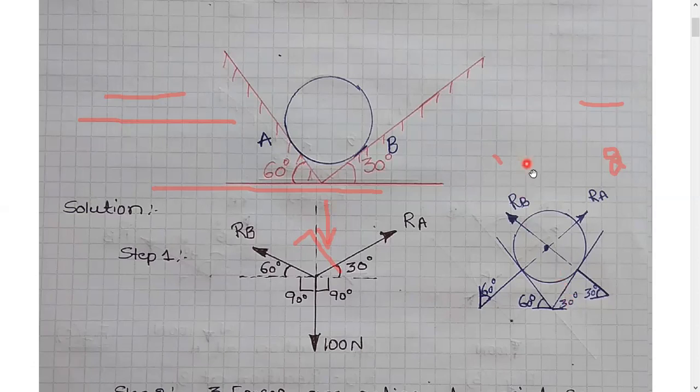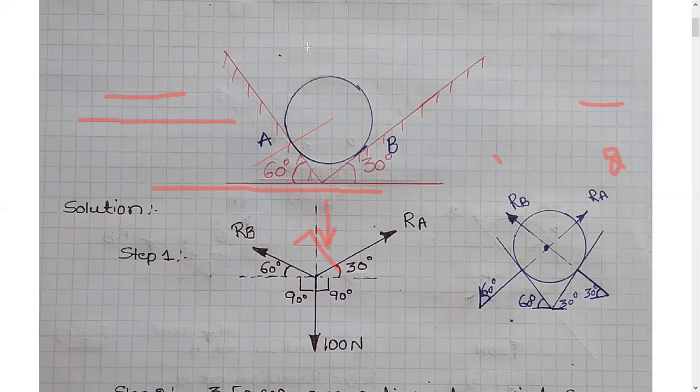As we mentioned, to draw the free body diagram, first we have to write what forces are acting in the system. So I have written the sphere. One thing we have to remember while solving equilibrium problems is that whenever there is a contact surface on a body, there should always be a development of a reaction at that surface, and the reaction will always develop normal to the contact surface.